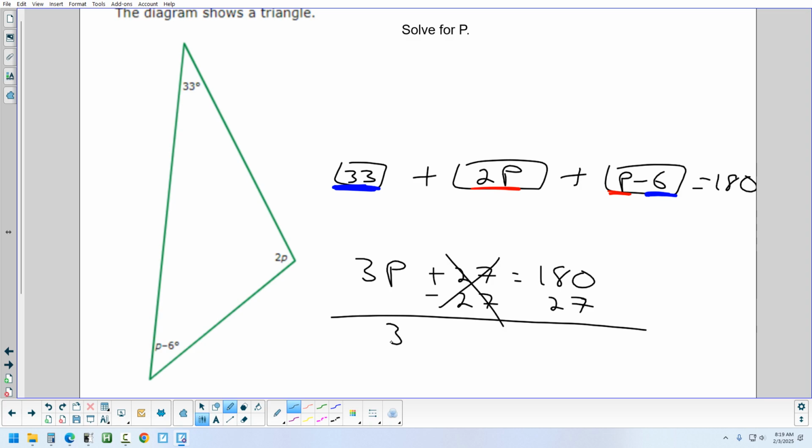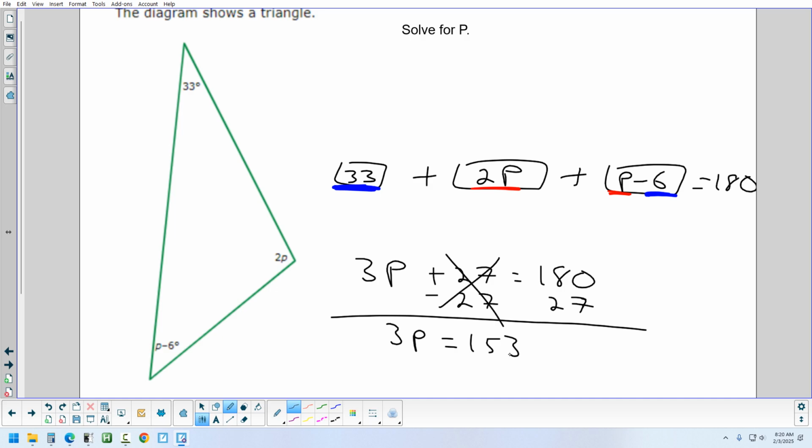So that's gone. And what's 180 minus 27? 153. Yep, good, 153.